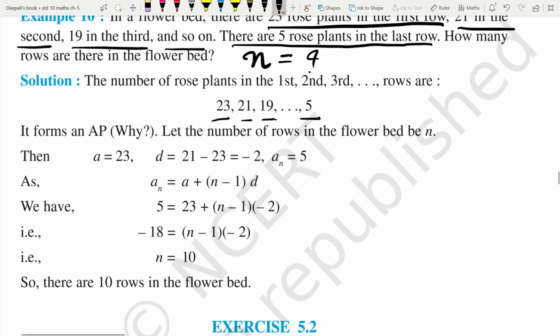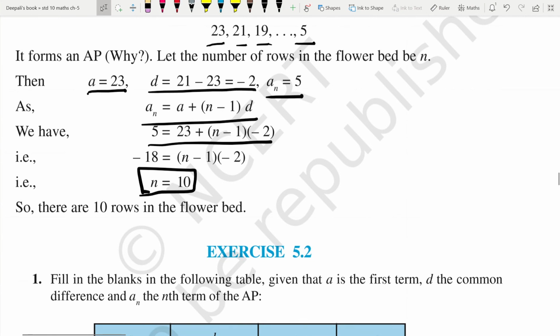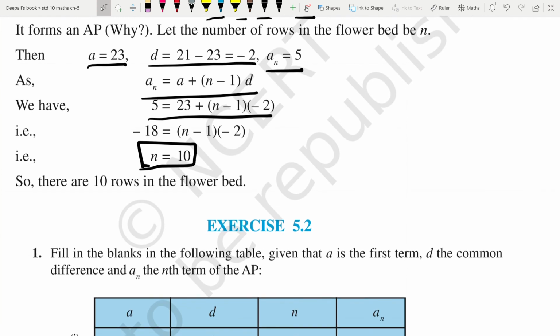To form an AP, we need to know whether D is the same. Yes, it is. Now A is 23, D is minus 2 and An is 5. So I replace the values in the formula again. I get n is equal to 10, which is a positive integer, and therefore there are 10 rows in the flower bed. Isn't it simple?